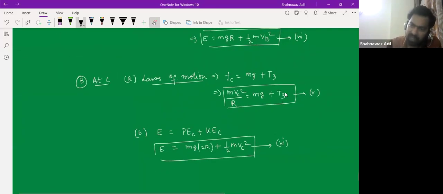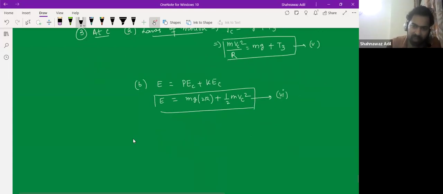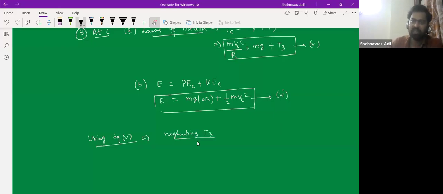So using equation fifth, and neglecting, but in some questions we have to use this tension, right? So we'll use that, and let's see what we'll get.